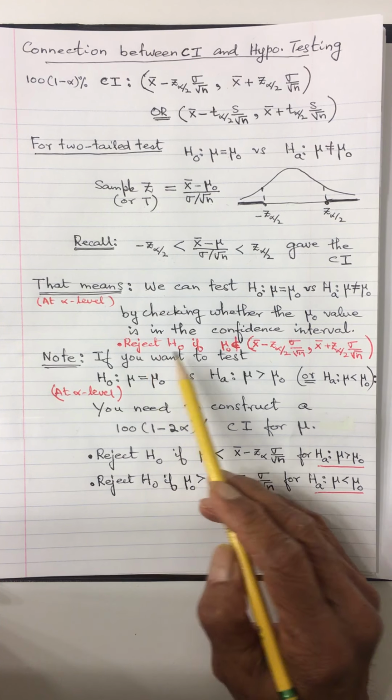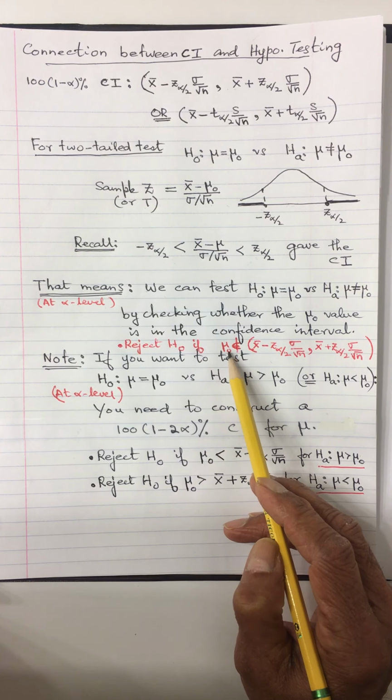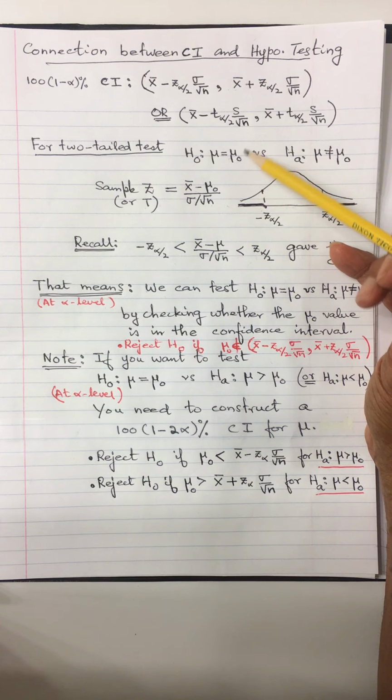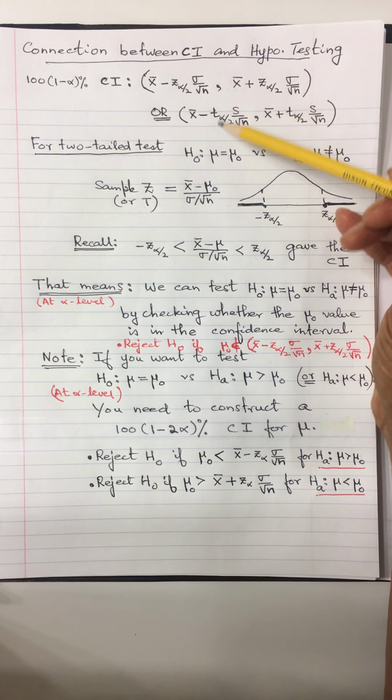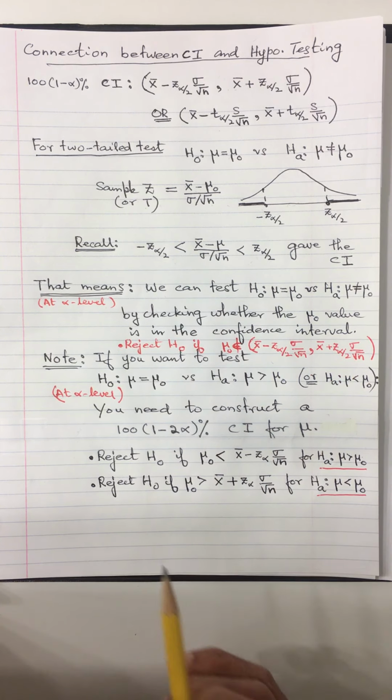You reject H naught and accept HA if the mu naught value is not in whatever interval you get, depending on whether you are using the z or the t, which has nothing to do with that. So that's the procedure. You can use it for the hypothesis testing instead.